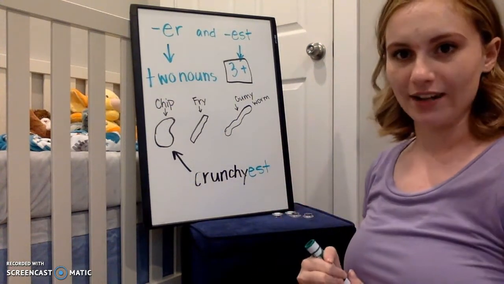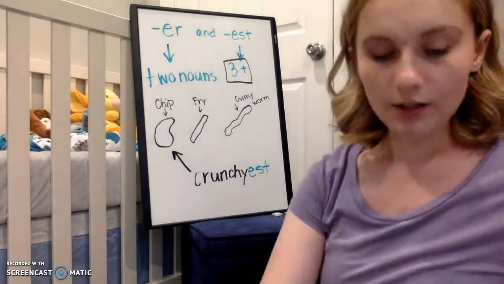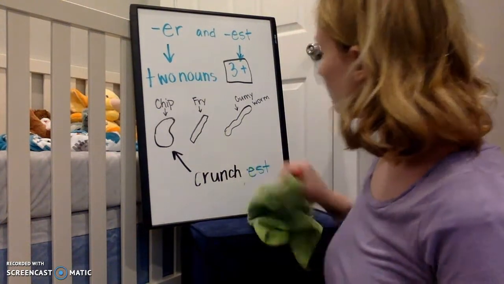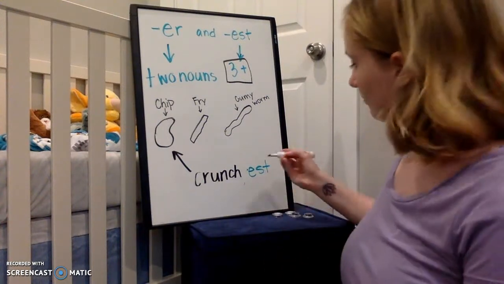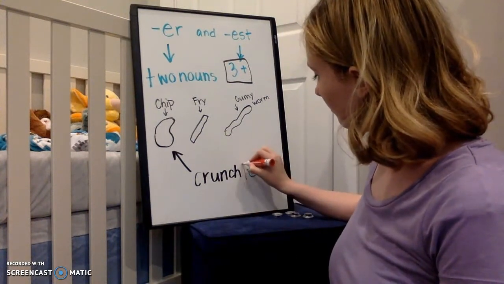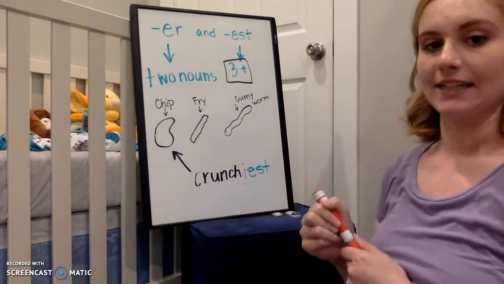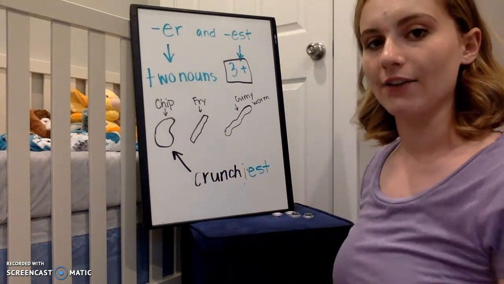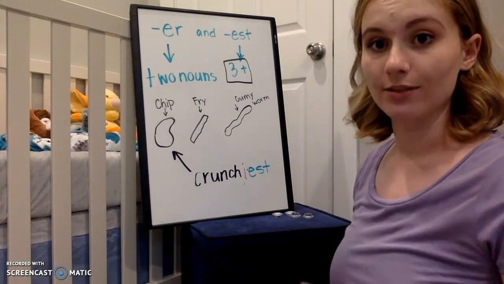But does that look right? No. Remember, change that y to an I, and then add your est. So now I know that my chip is the crunchiest out of all of those nouns.